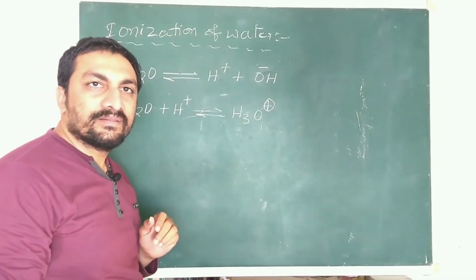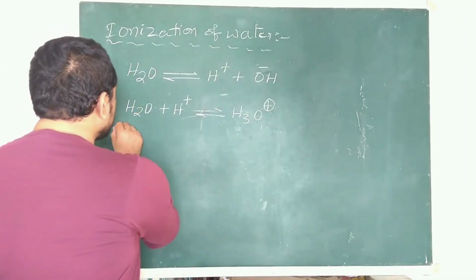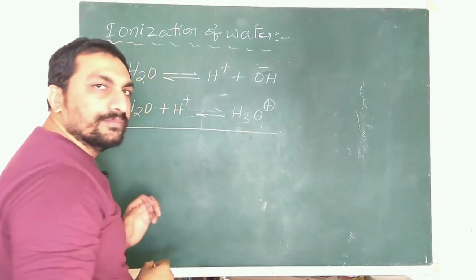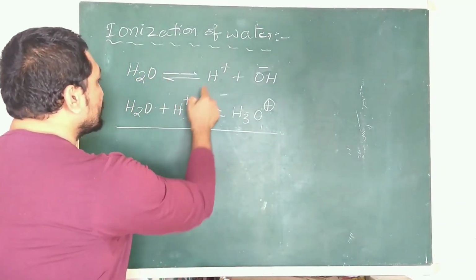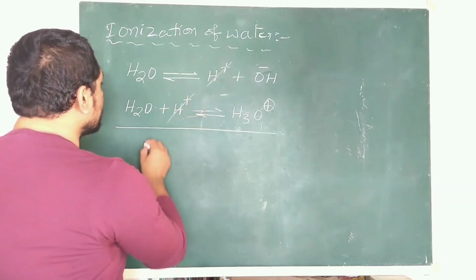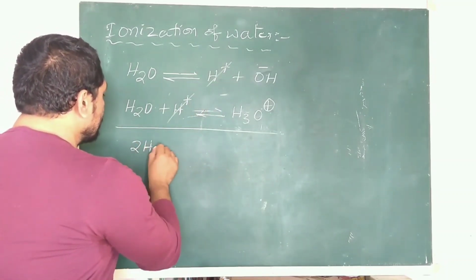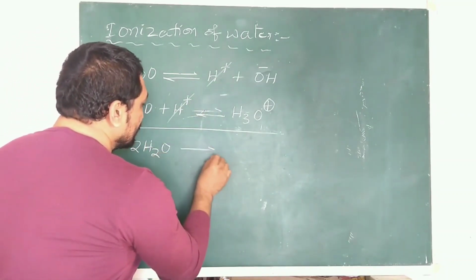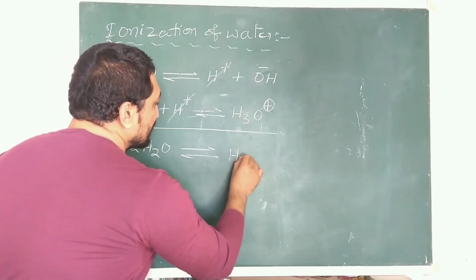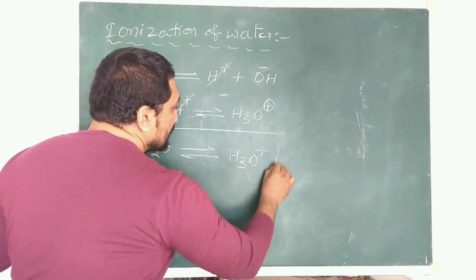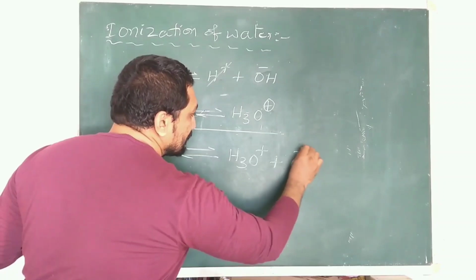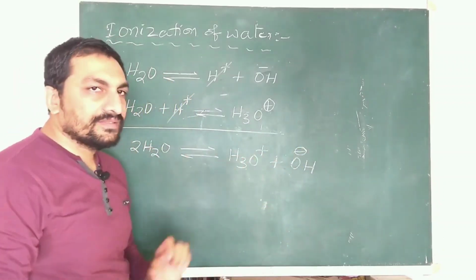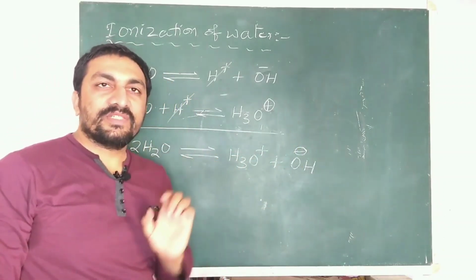If we combine these both equilibria, then you will get the following final equilibrium. In this H plus cancels, 2H2O reversible arrows H3O plus OH minus. So this is the final equilibrium that is existing in pure water.